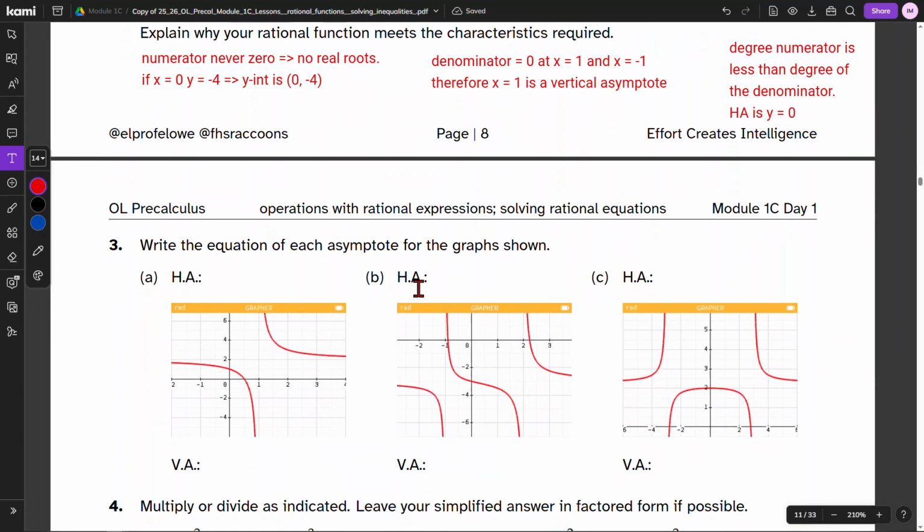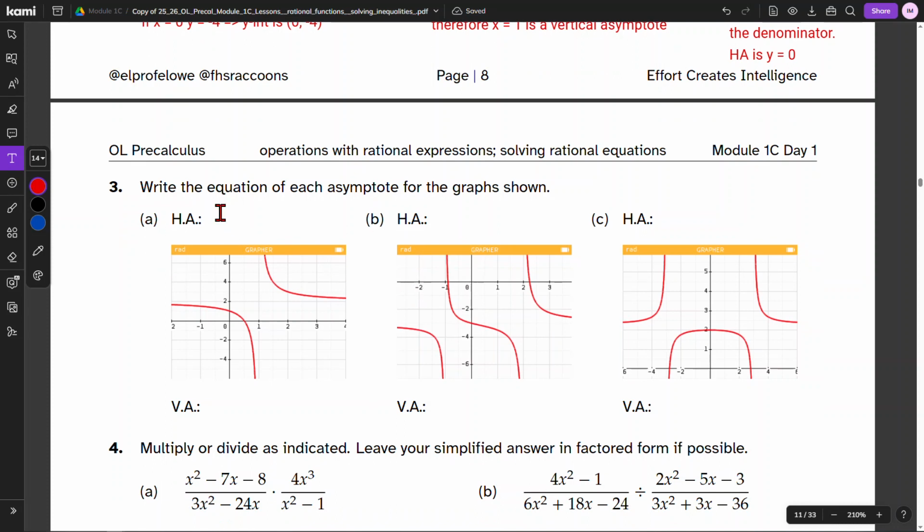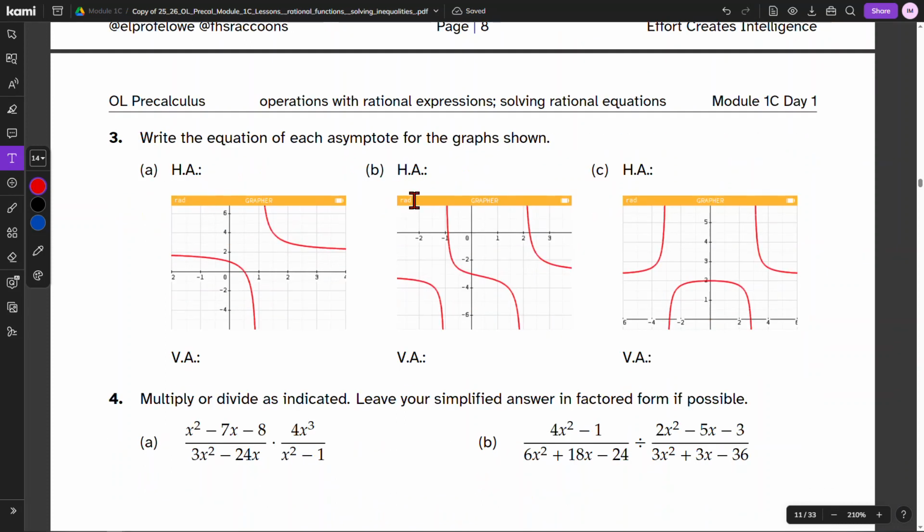Okay. For our next part, we want to write the equation of each asymptote for the graphs shown. So we have a horizontal asymptote and our vertical asymptote. So we can come in here and have a look at what we see, and it looks to be that we have a vertical asymptote of x is equal to 1.